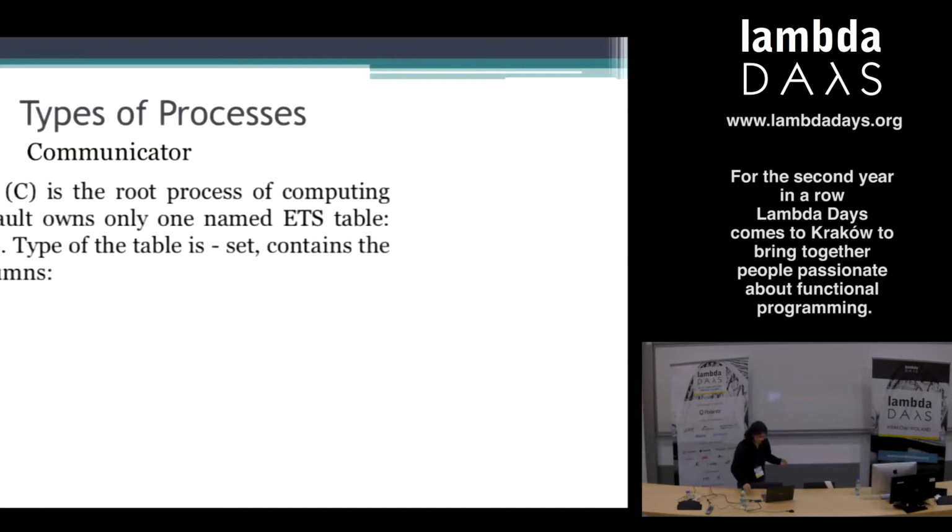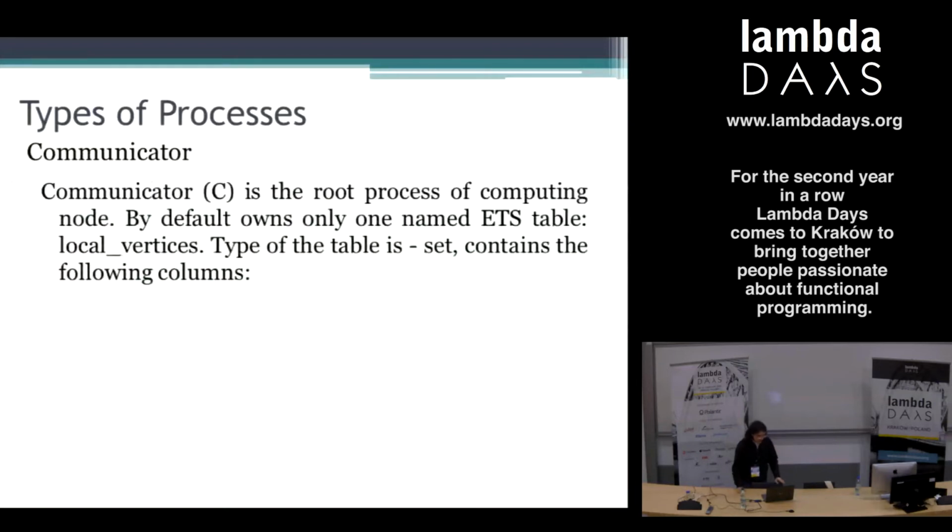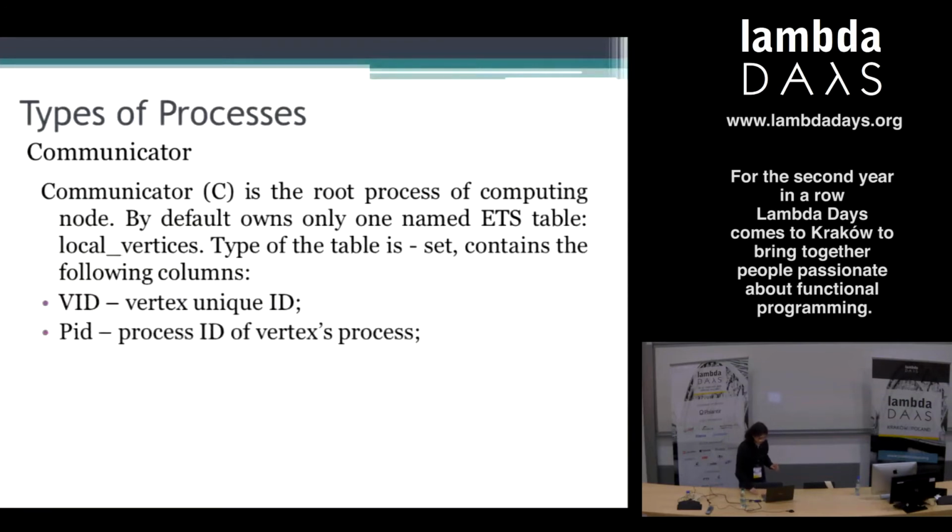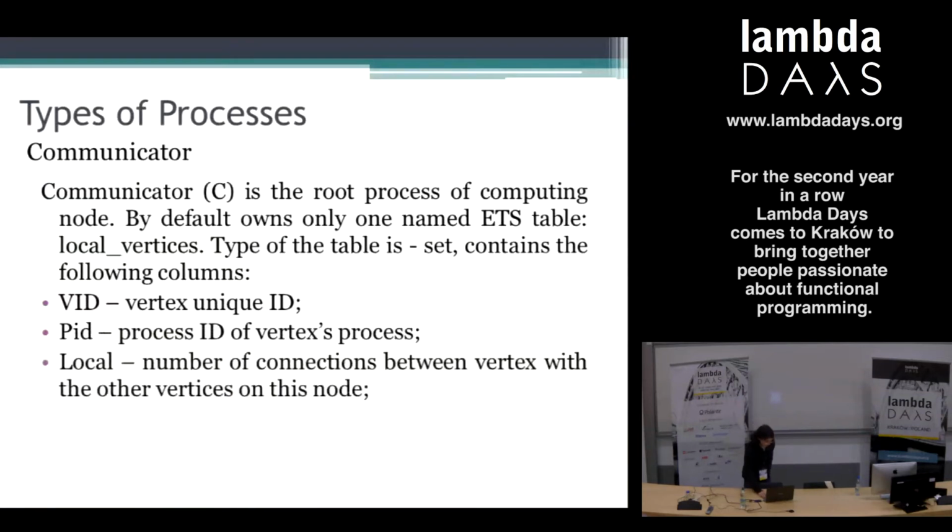So communicator, as I have already said, is the root process of a computing node. By default, only by default, it owns only 1 named ETS table, local vertices. Type of table is set, and we have the following columns. The VID is the vertex unique ID. PID, that's the process ID on this node.